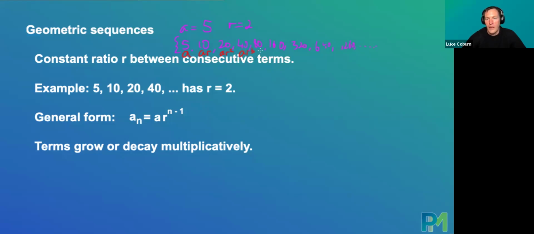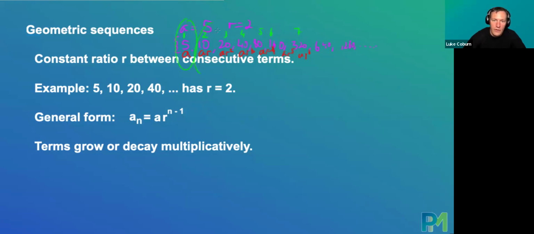The next one is a r to the power 4, a r to the power 5, a r to the power 6, and so on. So this is the first number in the list, this is the second, the third, the fourth, the fifth, the sixth, the seventh.